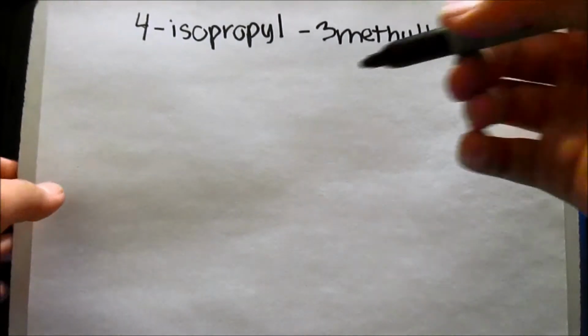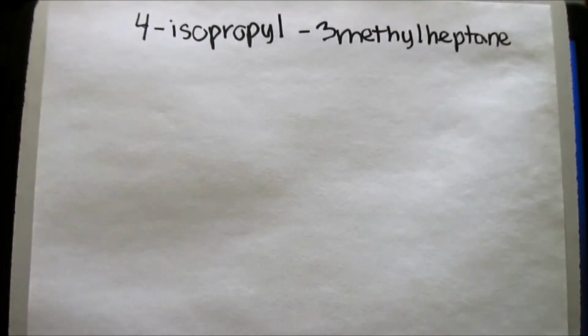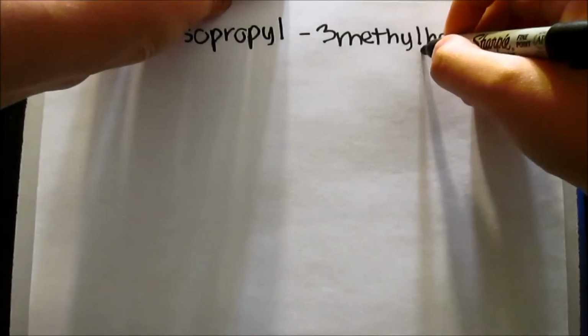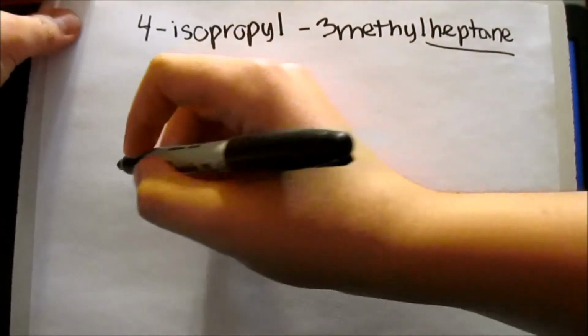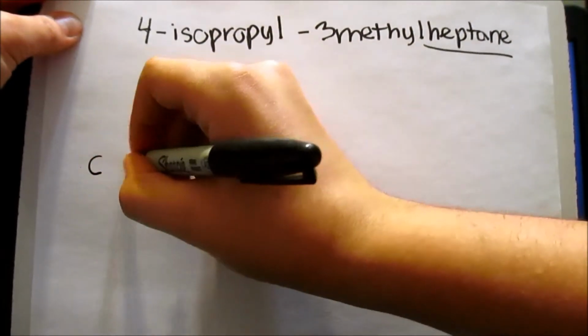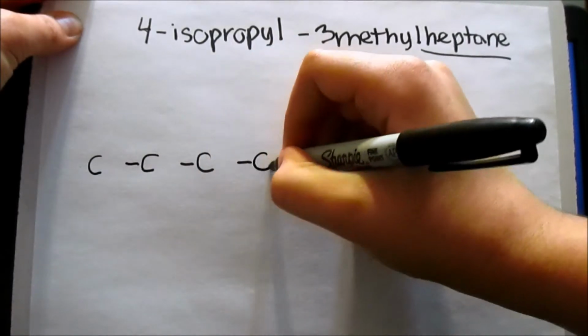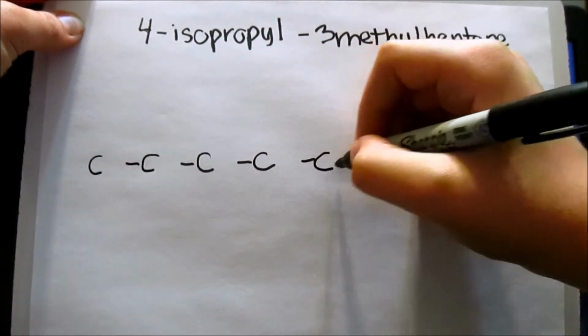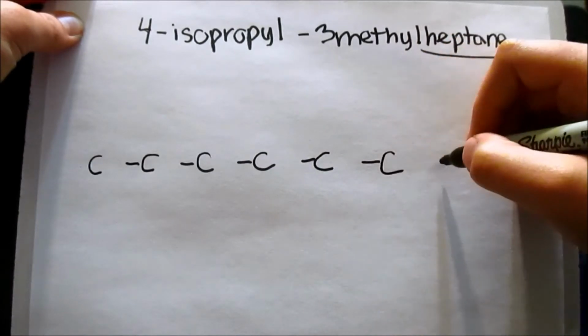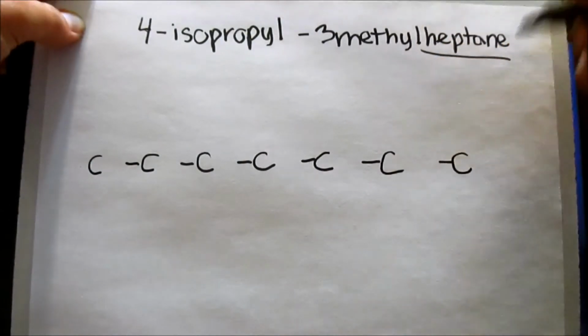Okay, first we need to see how many carbons the parent chain has. So we have heptane, which means 7. 1, 2, 3, 4, 5, 6, 7.